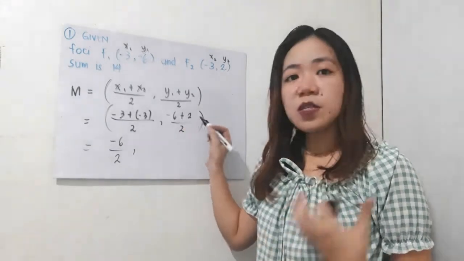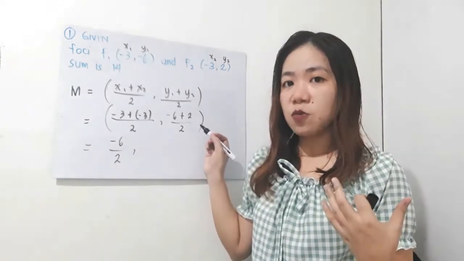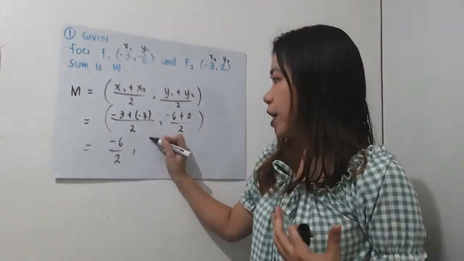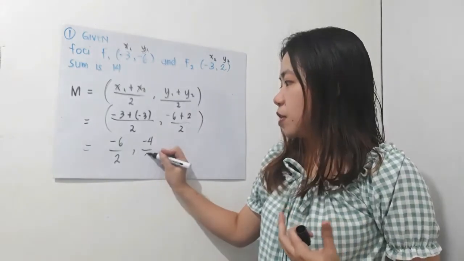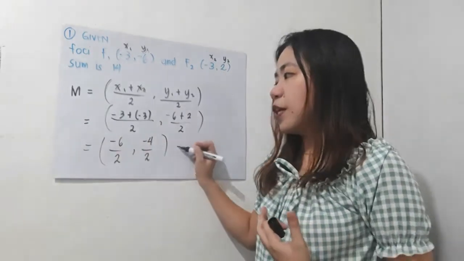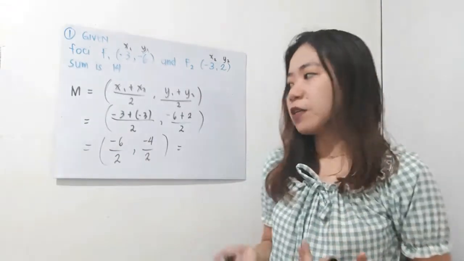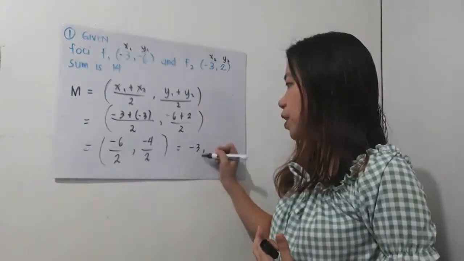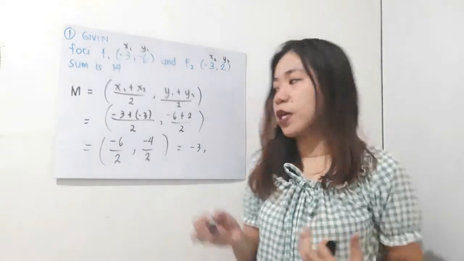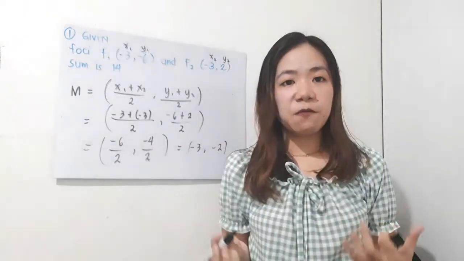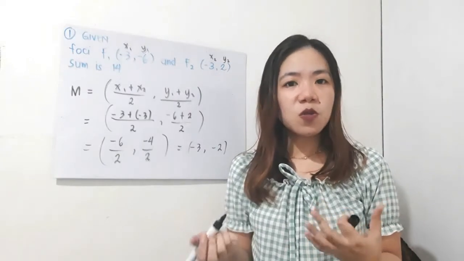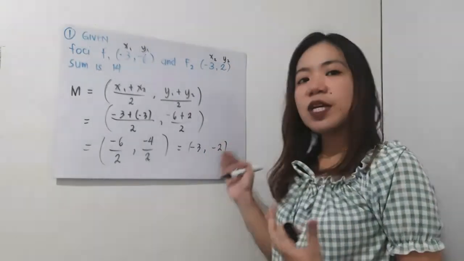And then -6 plus 2, they are unlike signs, so we subtract. 6 and 2 will have 4, copy the sign of -6, so -4 divided by 2. Then simplify. -6 divided by 2 is -3, and -4 divided by 2 is -2. Therefore, the midpoint of F sub 1 and F sub 2, which is also the center, is at (-3, -2).